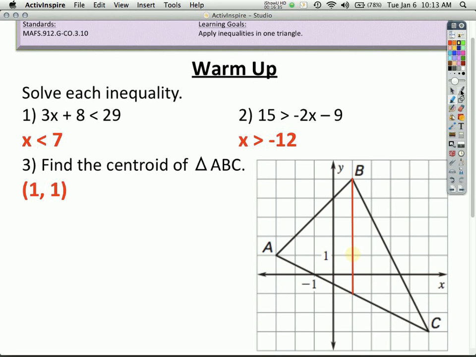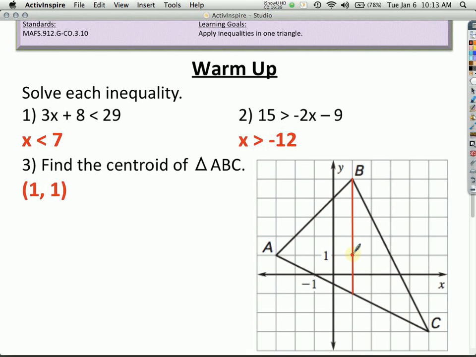That's right. So this here, from this point to the vertex, is going to be 2/3 of the total distance, and this is going to be 1/3 of the total distance. So you could actually count the total distance and then just find 2/3 of it, and that's going to be the centroid. And look, it's all whole numbers. 1, 2, 3, 4, 5, 6.